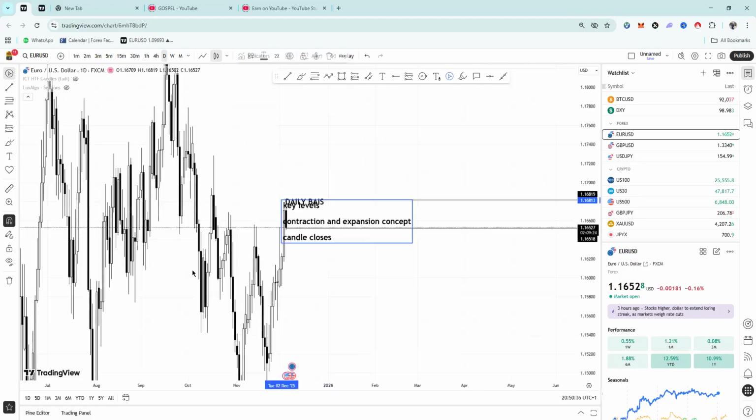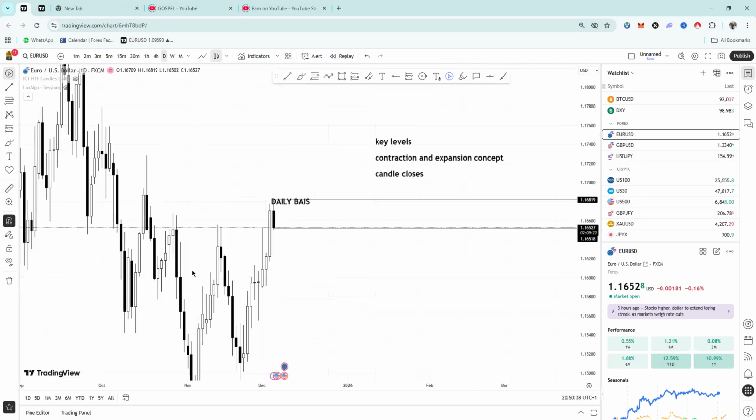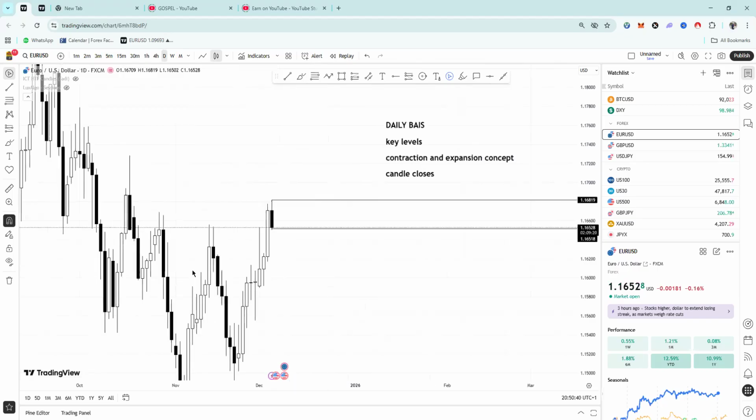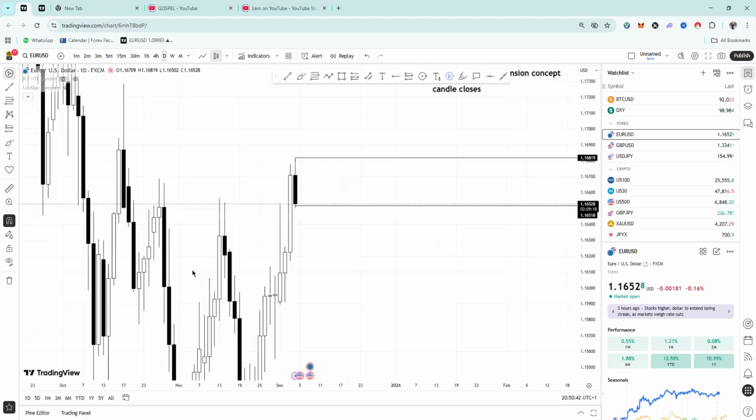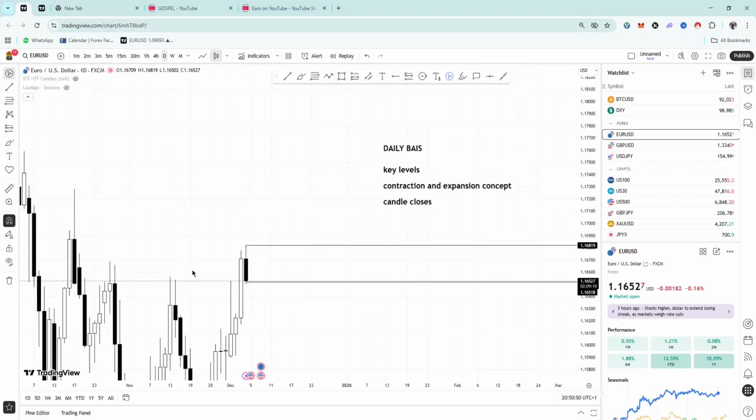For example, if price closes bearish like this today, which direction will price take tomorrow? Let's say this is today. What direction am I going to be expecting to trade in? Am I going to be buying today, or am I going to be selling today?